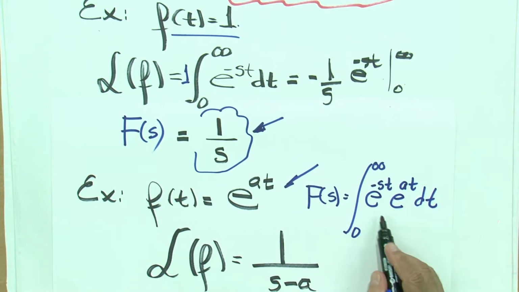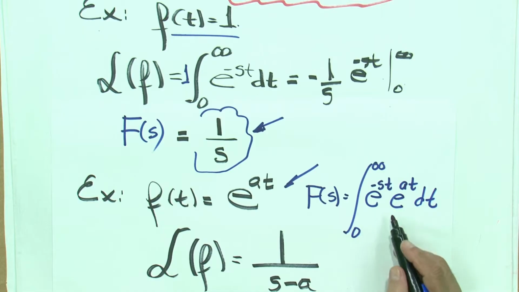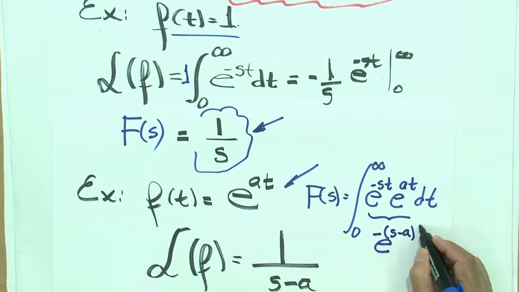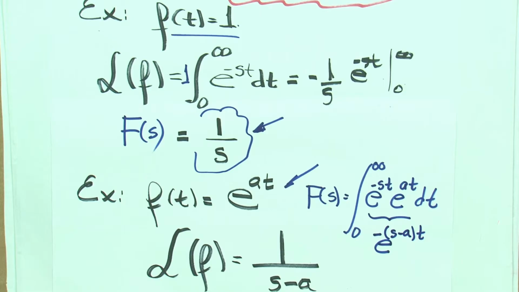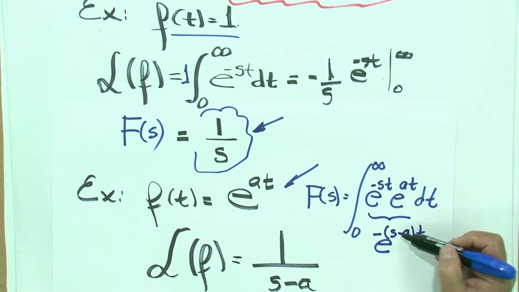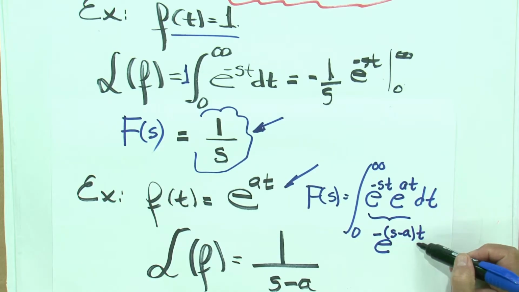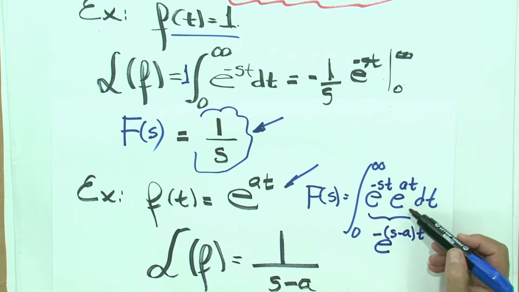This term here is basically a single exponential, e to the minus s minus a, times t, right? And we all know what the integral of this is, from 0 to infinity.